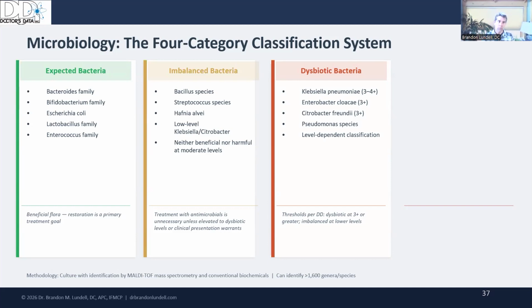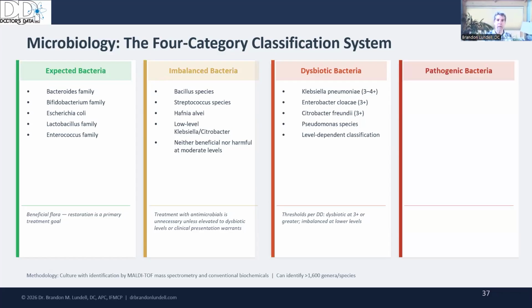There's some evidence for why they do that, but just because it's in the imbalanced bacteria doesn't mean that you don't treat it. Vice versa, if it is in the imbalanced bacteria, doesn't mean you should treat it. You have to look at the clinical picture.